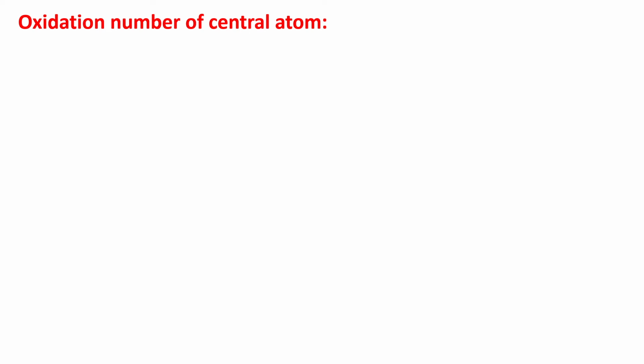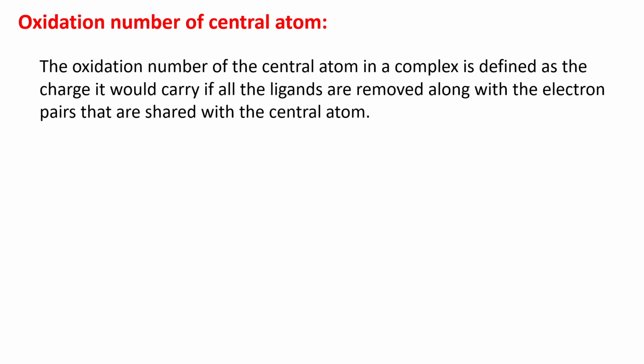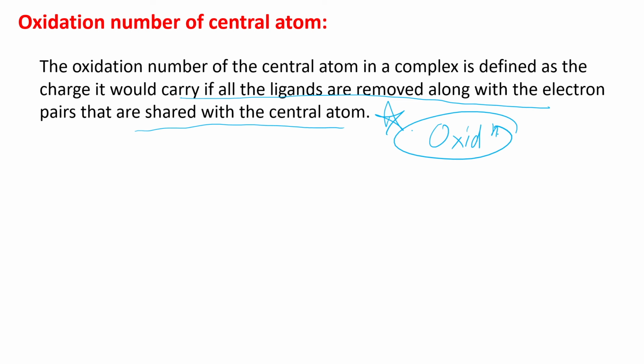Next, we'll do some examples of how to calculate the oxidation number of central atoms. The oxidation number of the central atom in a complex can be defined as the charge that it would carry if all the ligands are removed along with the electron pairs shared with the central atom. So basically, the oxidation number of the central atom that we need to calculate is the individual charge on the metal when every ligand and every counter ion is removed.